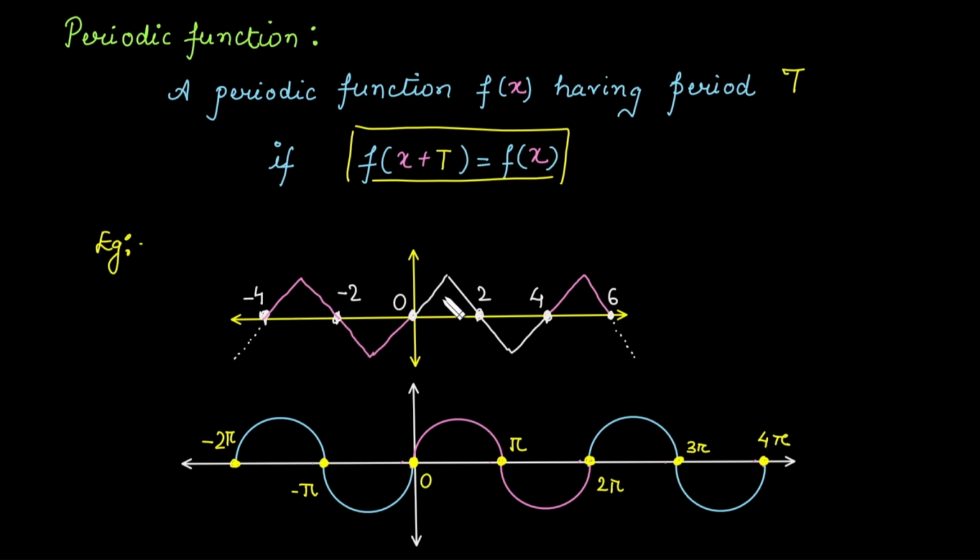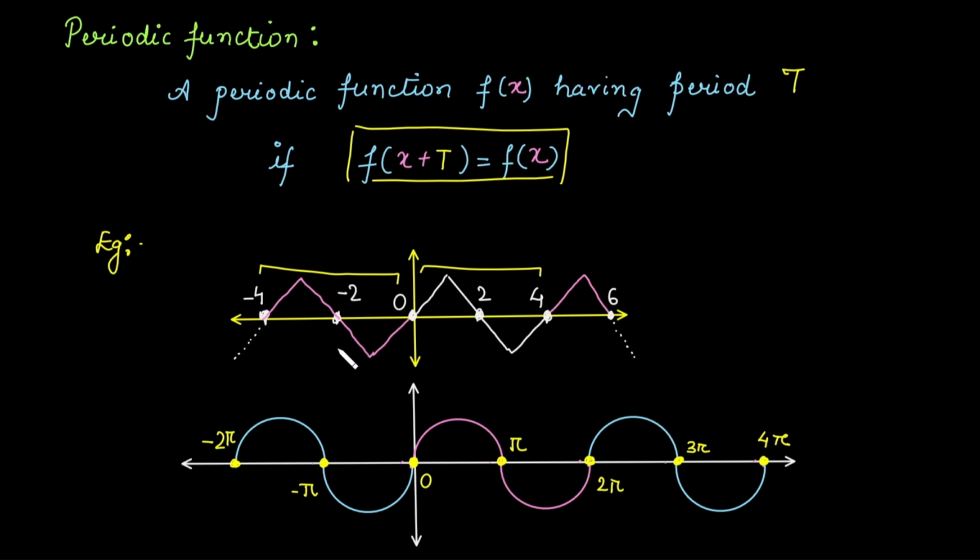So we get a repeated form after an interval of length 4, because we have one graph till now and from 0 to 4 we have the same graph.